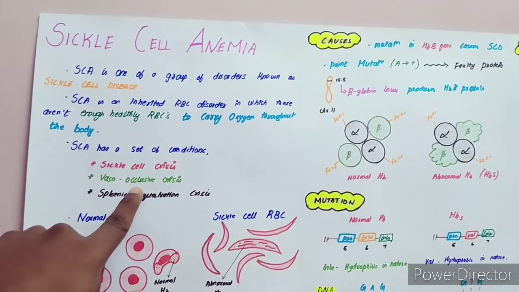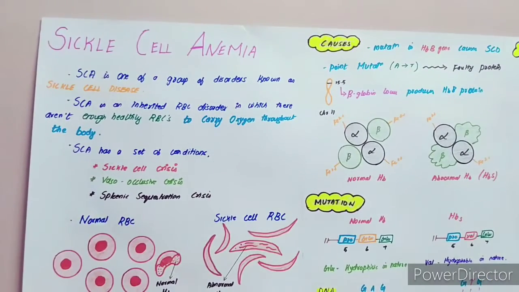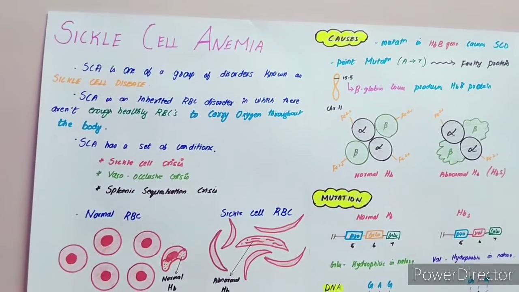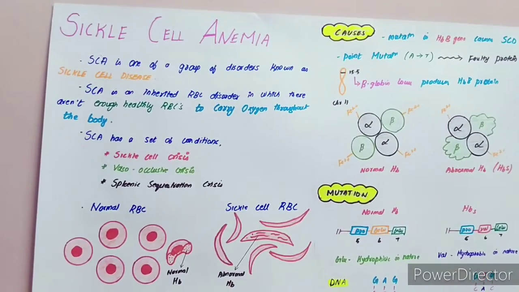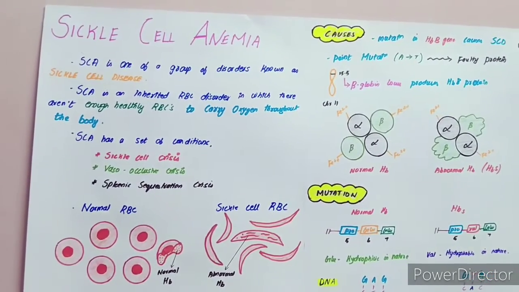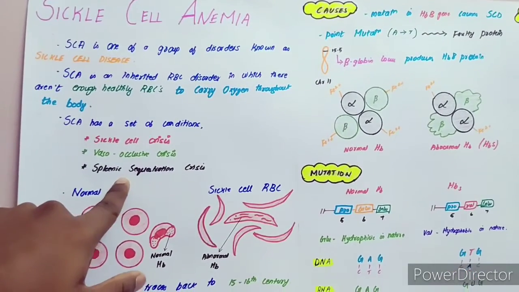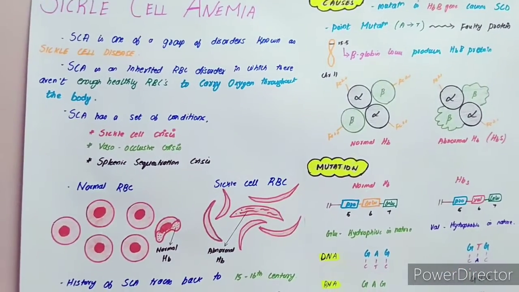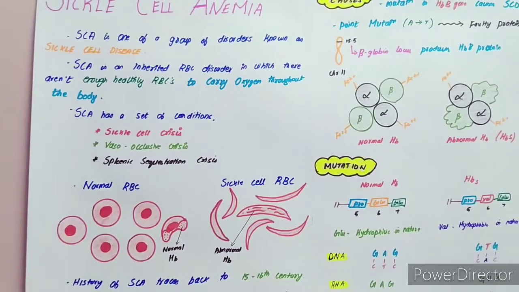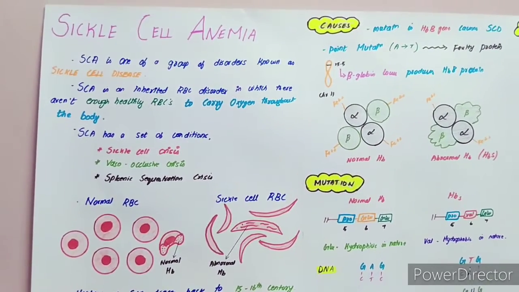Vaso-occlusive crisis occurs when the microcirculation is obstructed by sickled RBCs, causing ischemic injury to the organs supplied and resultant pain.